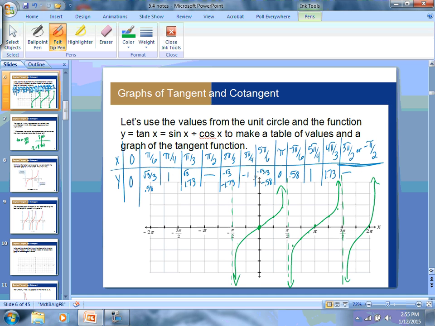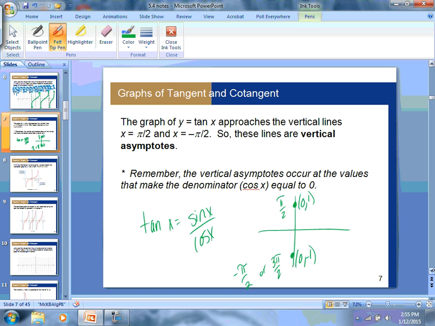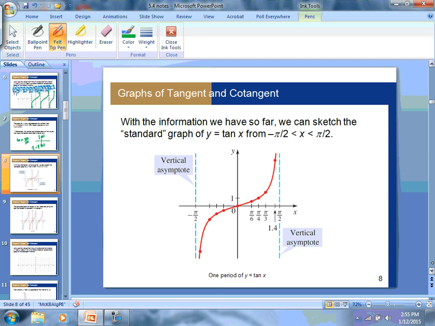It's undefined. Okay? So you have to think about that now as we're doing these other more complicated graphs with tangent and cotangent and then secant and cosecant. You have to think, where does the function exist or not exist? And that's going to help you know where those asymptotes are. Okay? So for the tangent and the cotangent, we're going to have vertical asymptotes.